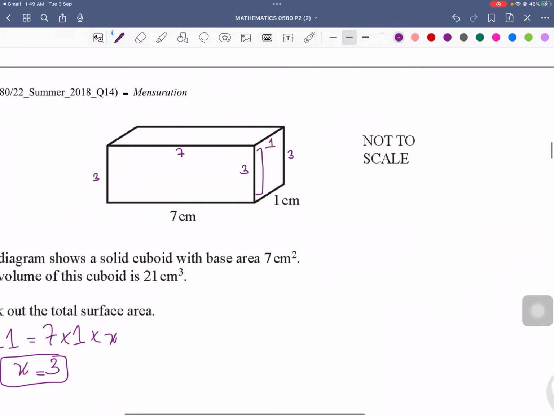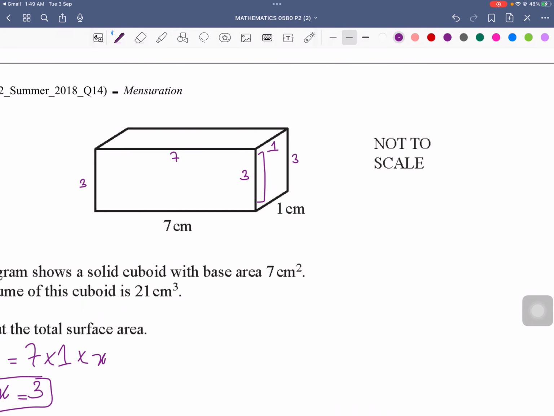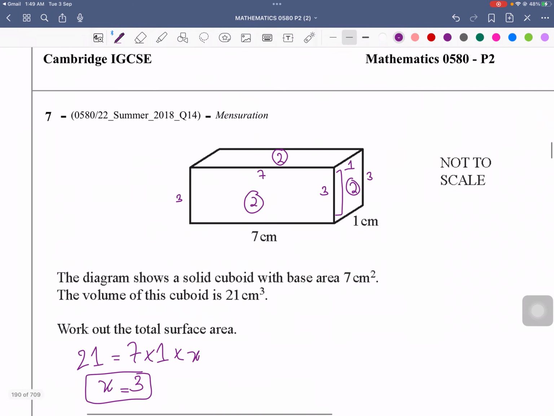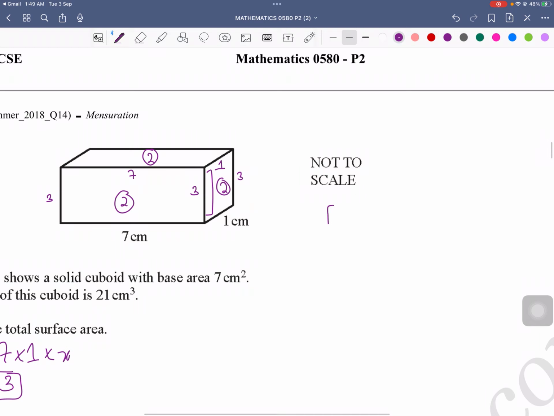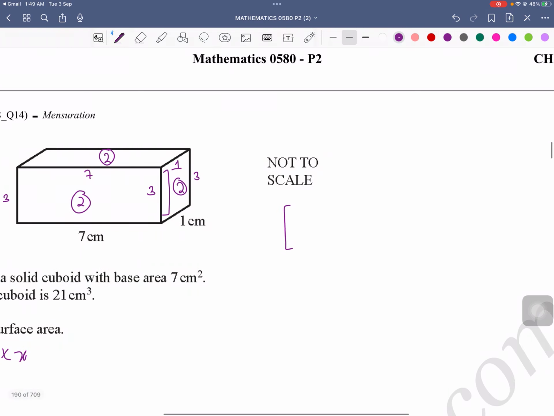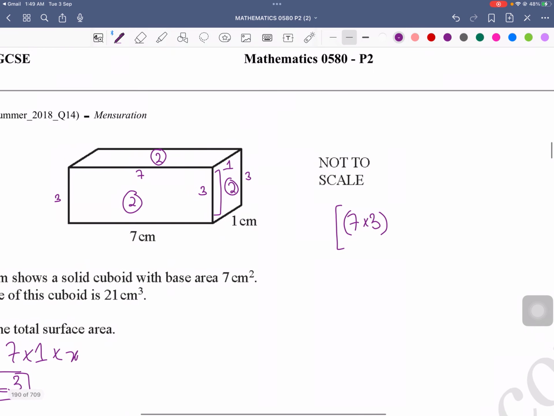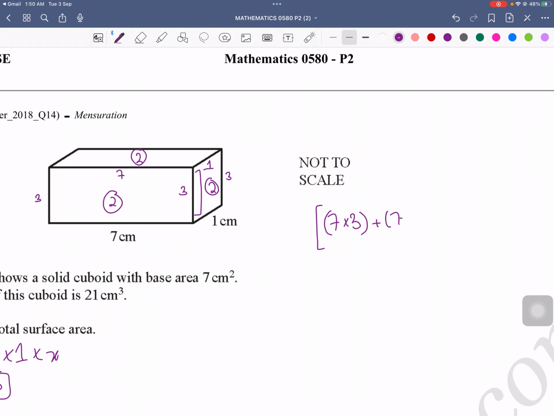So we know that we have many faces, right? We have two faces like the front face, two faces like the top face, and two faces like this. So we are going to get the area of all of these and then simply multiply by 2. The area of one face would be 7 times 3. Then the area of the top face is 7 times 1.